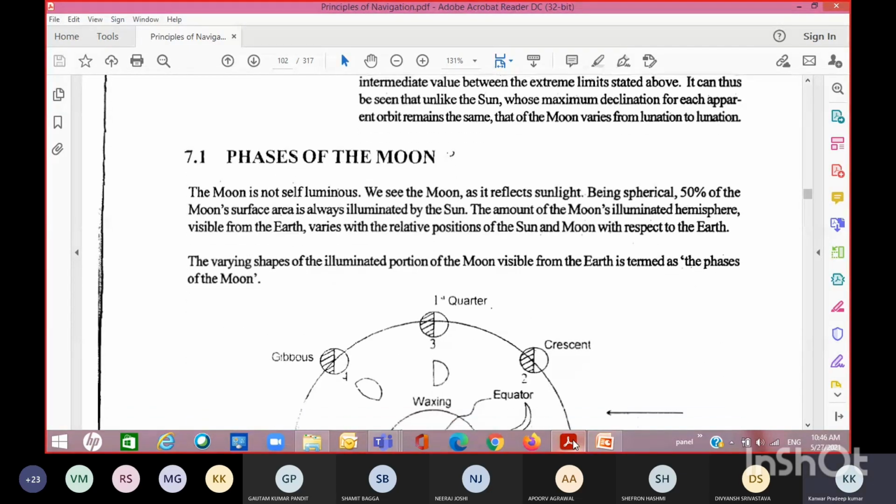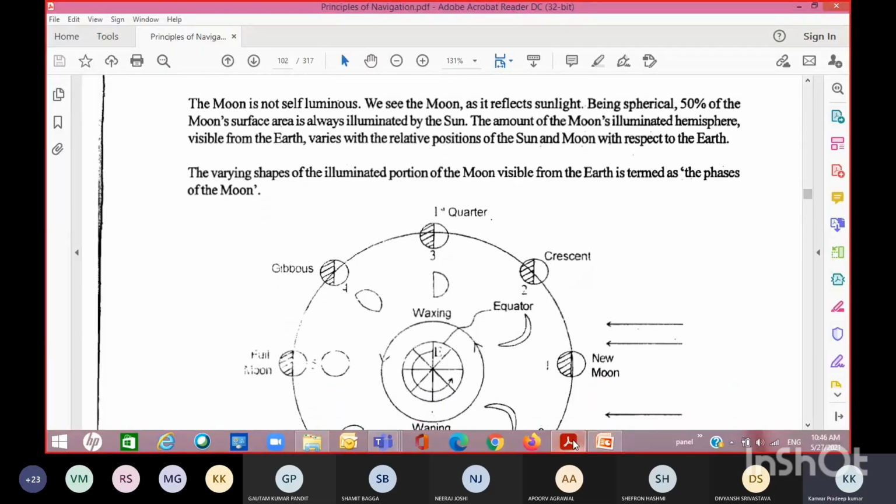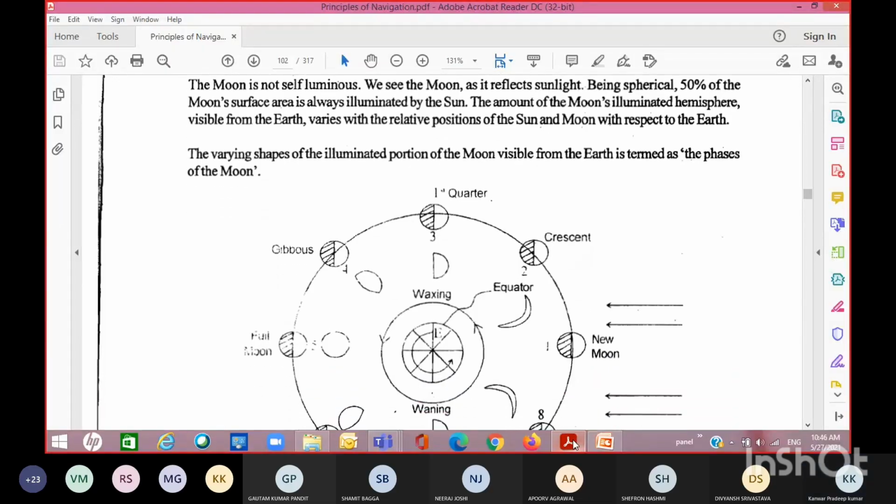Let's come to phases of the moon. We spoke about new moon and full moon. In between, what happens? Is it like a bulb switch off, full moon and new moon, or does it go through different phases?